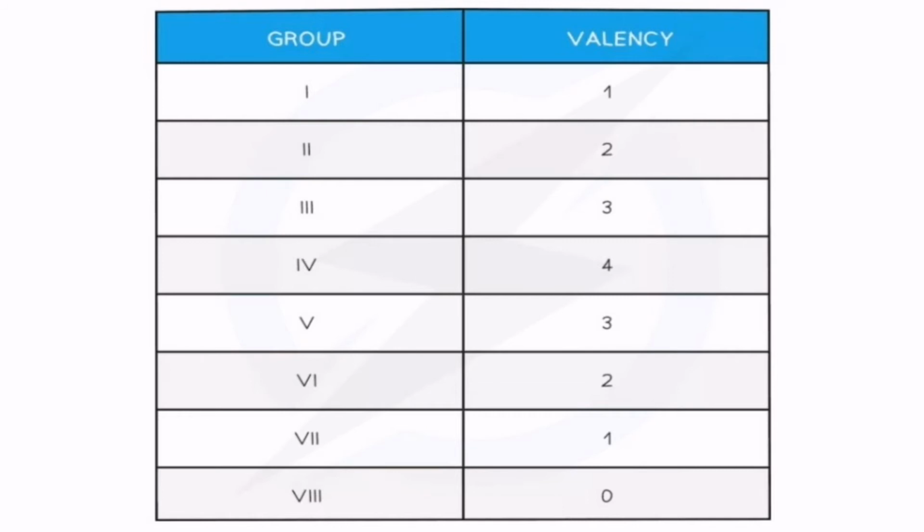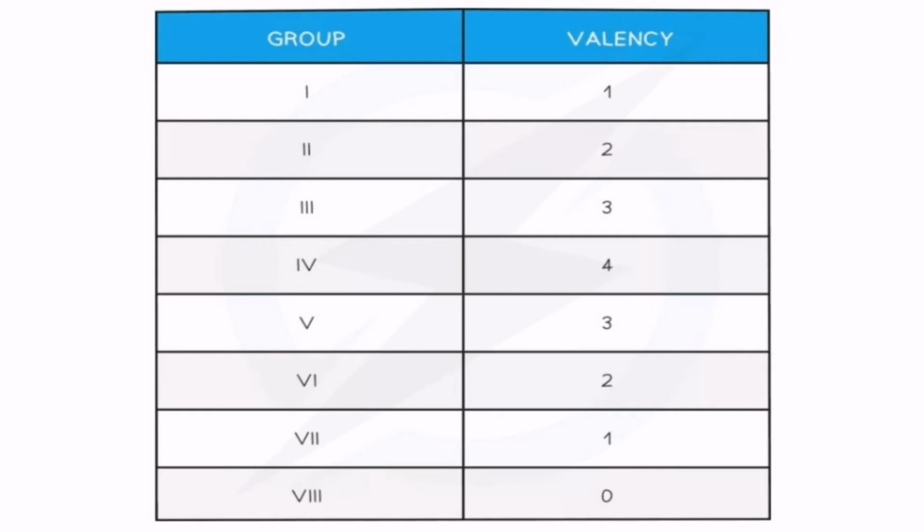Then group 3, which includes boron and aluminium. I'm just naming the common elements that we use, otherwise there are a lot, so you can look at your periodic table to find these elements. Those have a combining power of 3.